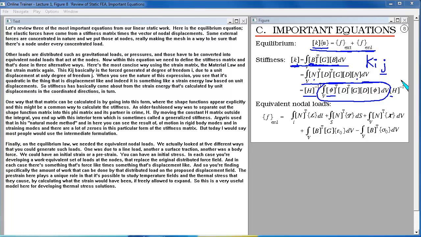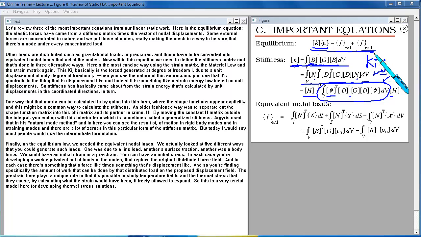Argyris used that in his natural mode method, and in here you can see the result of motion in rigid body modes and in straining modes, and there are a lot of zeros in this particular form of the stiffness matrix. But today I would say most people would use the intermediate formulation.